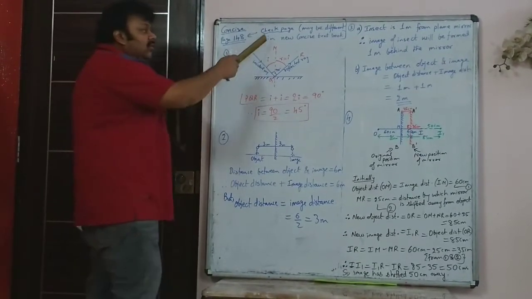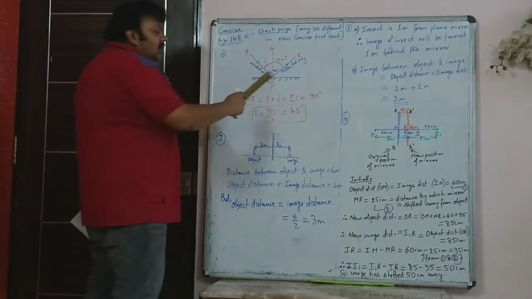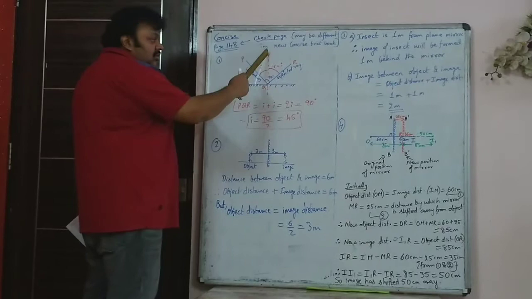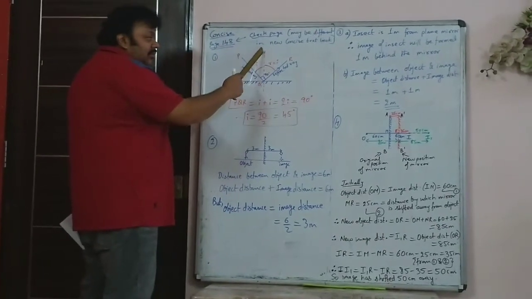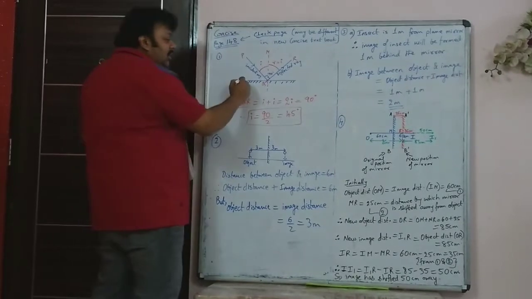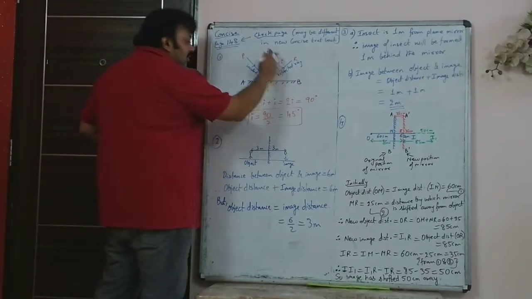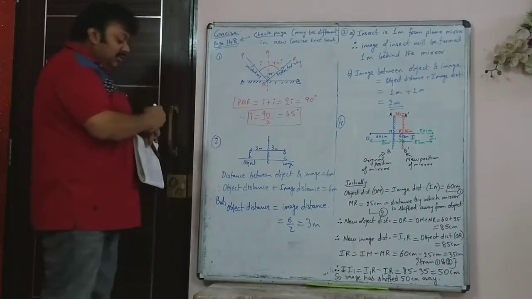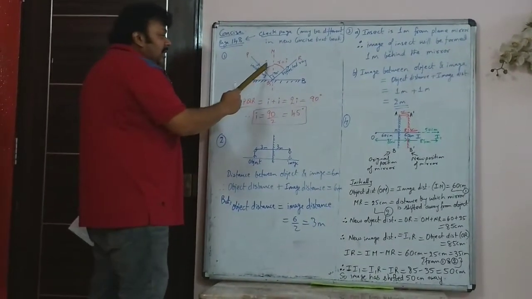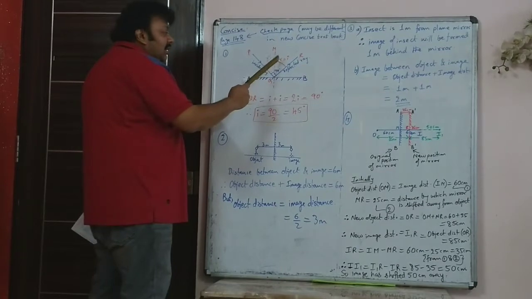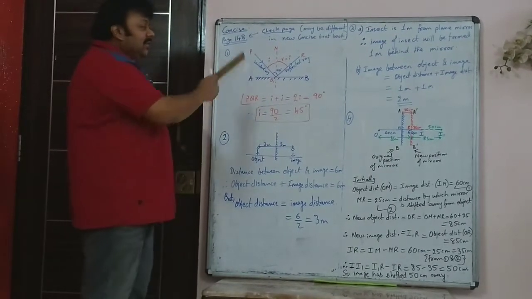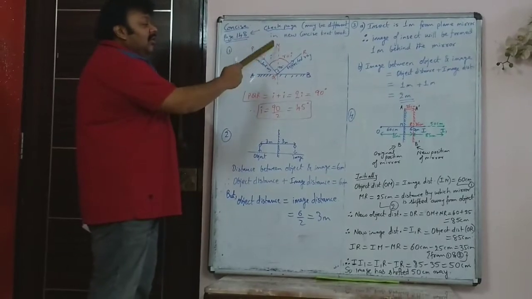So what you do is you draw the normal to the mirror at the point of incidence Q. Normal means the line is perpendicular to the mirror. If you call the mirror AB, the normal is perpendicular to AB at that point. Then the angle of incidence is what? The angle between incident ray and the normal.